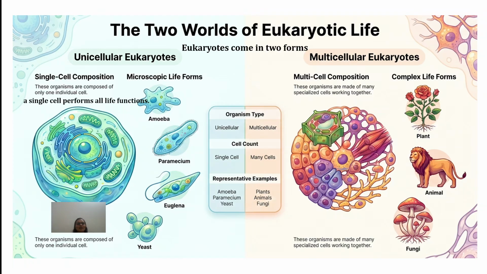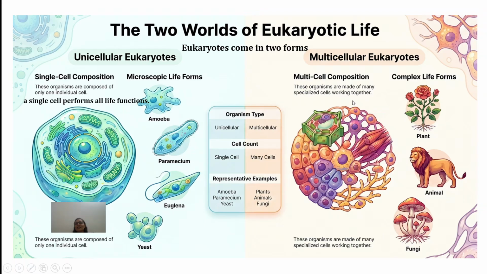These unicellular eukaryotes are microscopic life, so to observe them we require a microscope. Which organisms? We all know amoeba, paramecium, euglena. These are all eukaryotic but have a unicellular structure.